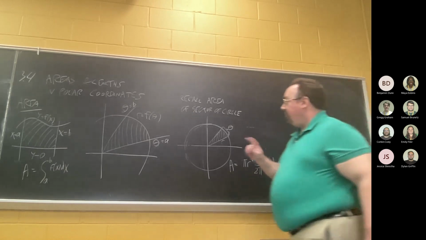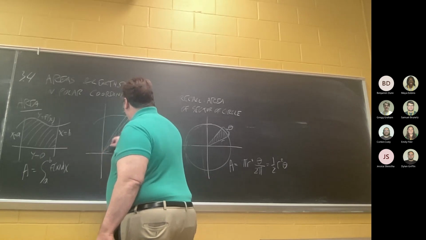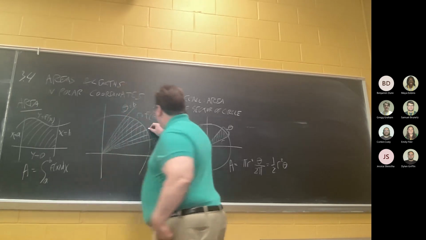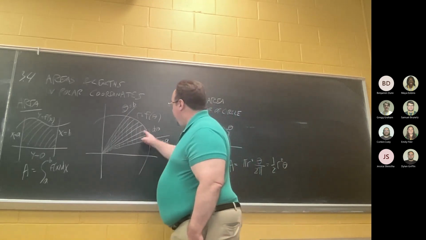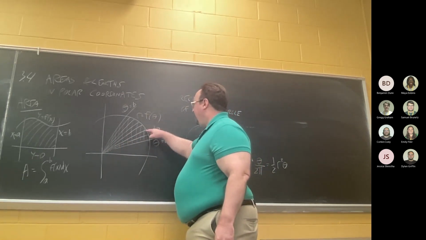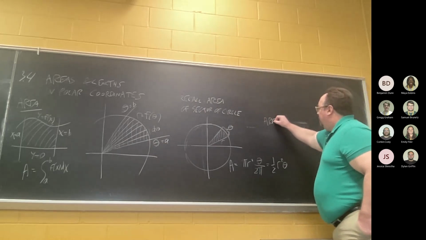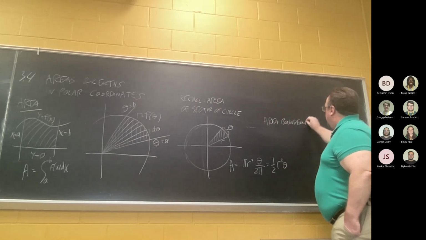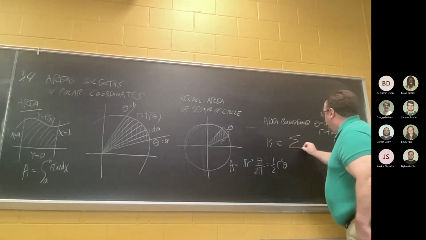So if I were to take this region here that I want the area of, and divide it into infinitely many infinitely thin sectors, where the angle corresponding to each one is d theta or delta theta, and the radius for each one would be the value of f at the appropriate theta value for each of these sectors, then the area bounded by theta equals a, theta equals b, r equals f of theta is approximately a sum.